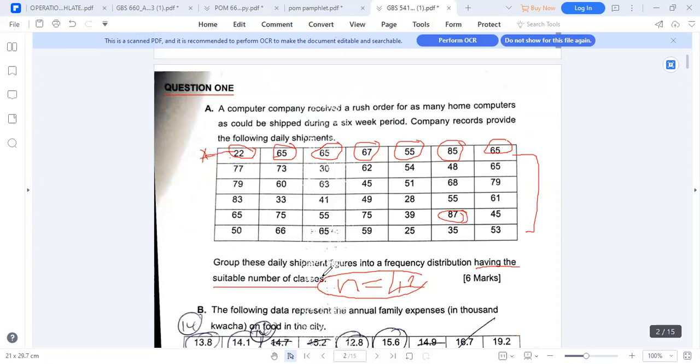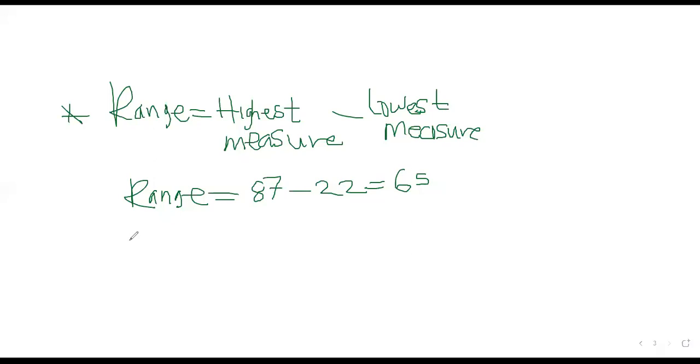After this, you can find the class width or the class interval. The class width is going to be the range divided by the number of classes.